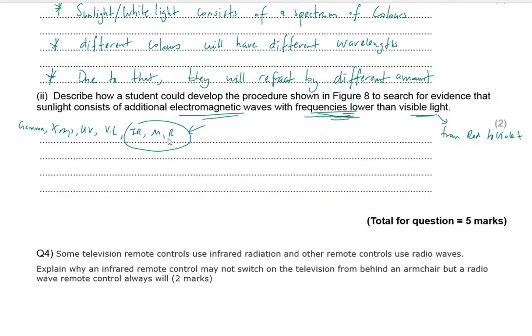So we need to work out the procedure, like the steps to be taken to find one of these waves. It's 2 marks. We do not need to talk about all of them. One is enough. Now, radio wave. Let me think.